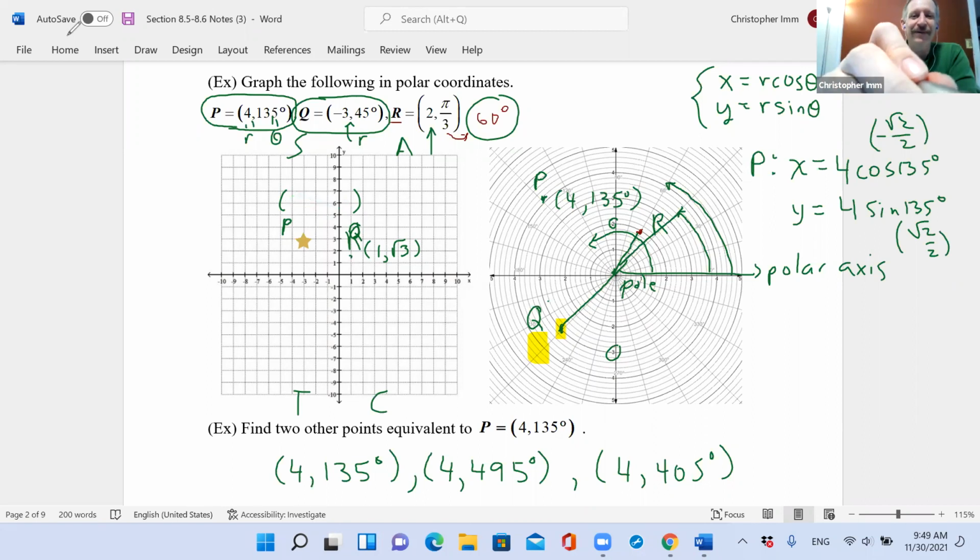We really do want you to put these in, and the software will be testing you on it as well. So if we do 4 times negative √2/2, that's going to give us negative 2√2, for the exact value. Some of these you can't get exact, but these special ones you can. And then the y will be 4 over 2, so 2√2. And those were good approximations for those two. Okay, so that's where P is going to be.